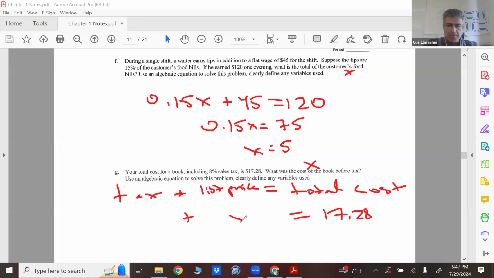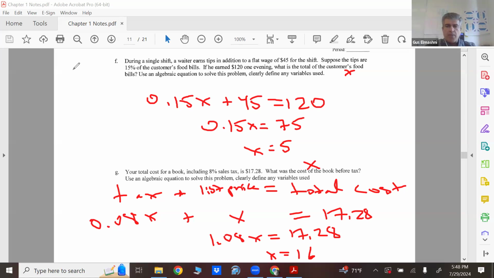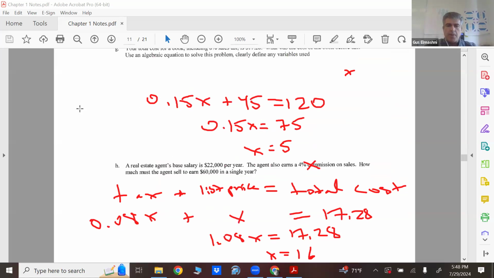That's before tax, and you have to add 8% tax. That's why I use a calculator to work it out. Yep, you get 16. So again, you're just translating and making a linear model here.